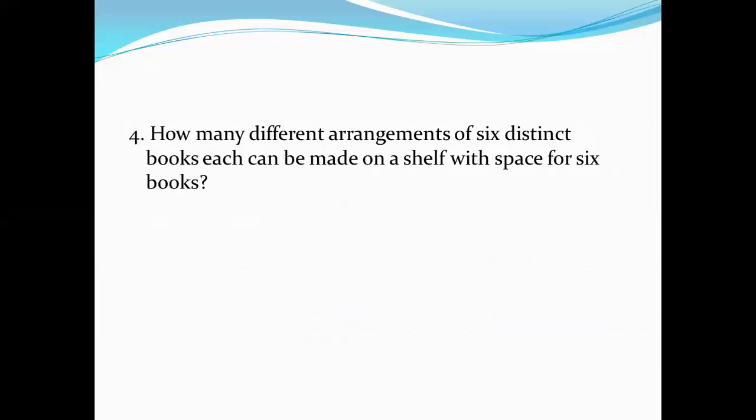Next. How many different arrangements of 6 distinct books each can be made on a shelf with space for 6 books? If you have 6 spaces, then for the first space you have 6 choices because you have 6 books. The second space will have 5 choices because there will be 5 books left.